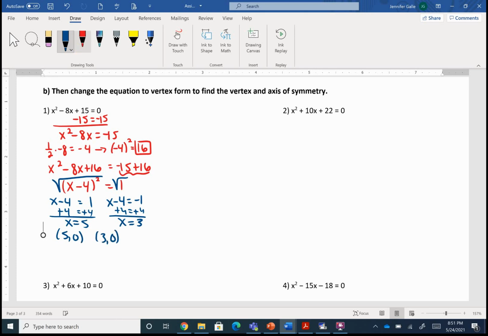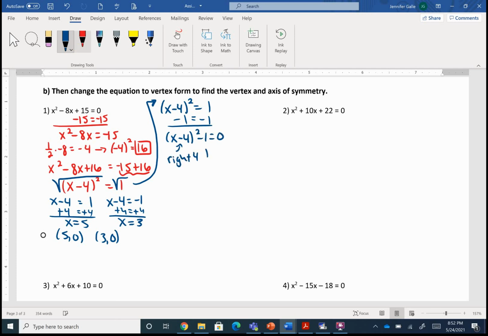Now to get our vertex, it's pretty easy. We have x minus 4 squared. So if we go back to before we did the square root to solve, to get the vertex form that we worked with all last unit, we need to bring that 1 back to the other side. Now we have a minus 4 inside the parentheses, which is going to go right 4.